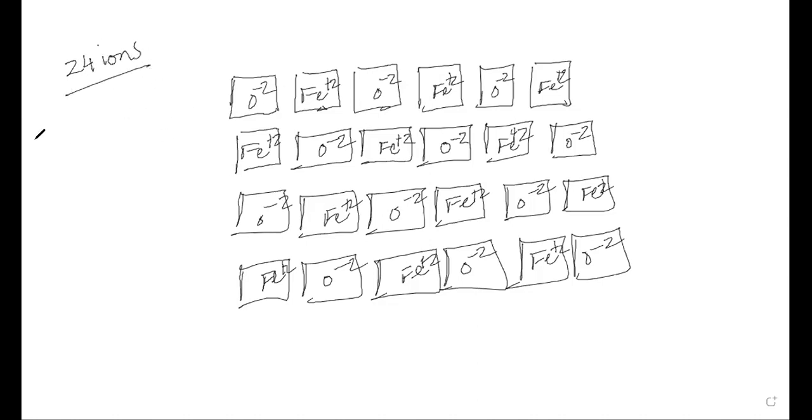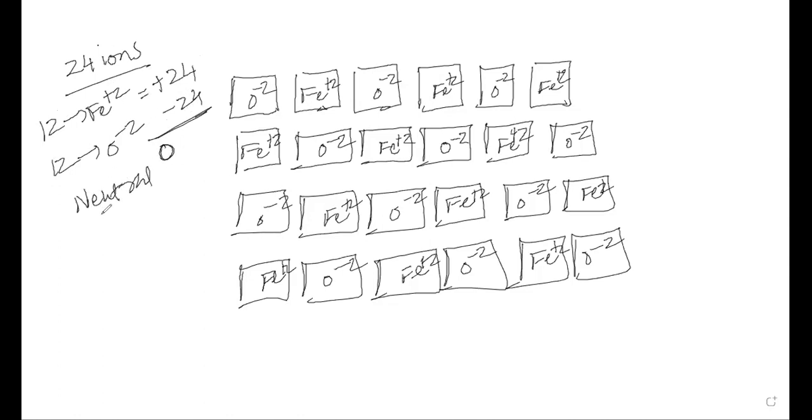Out of these 24 ions, we have 12 Fe+2 and 12 O-2. So we have total charge plus 24 minus 24, and overall it becomes 0. So overall charge is 0, and that is why the crystal is neutral.